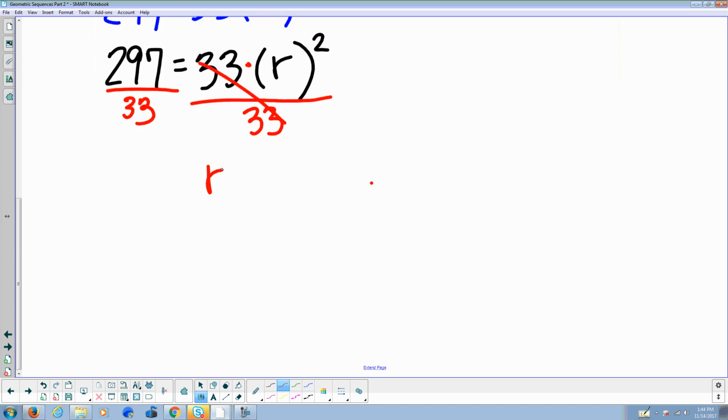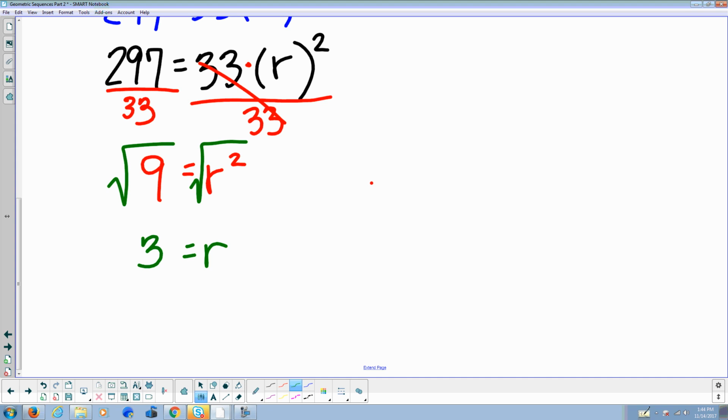That leaves me with R squared is equal to 297 divided by 33, which is equal to 9. Now to undo R squared, we will take the square root. Last time we took the cube root because R was raised to the third power. This time it's going to be the square root because R is raised to the second power. So I'm going to type in the square root of 9, and I get that R is equal to 3.